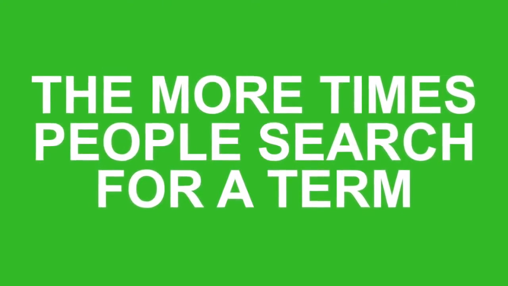But the thing is, the more times people search for a term, the more valuable they are. And that means there's more competition. So if there's more value, if there's more money behind a certain set of keywords, that means you're going to have more competition. It may take longer to rank for these terms and just be a little more difficult because people are making money on it. And that means they're reinvesting into sites that are already established.